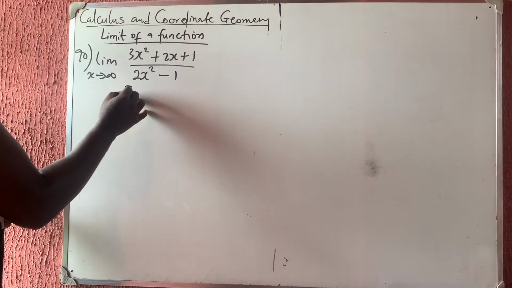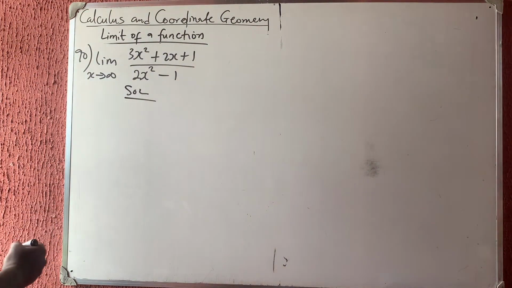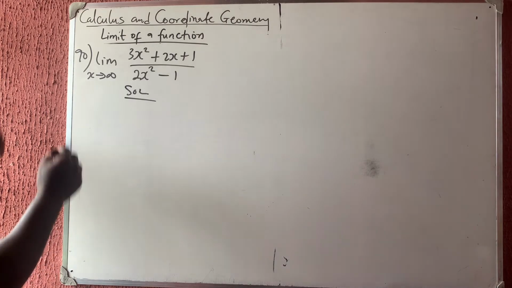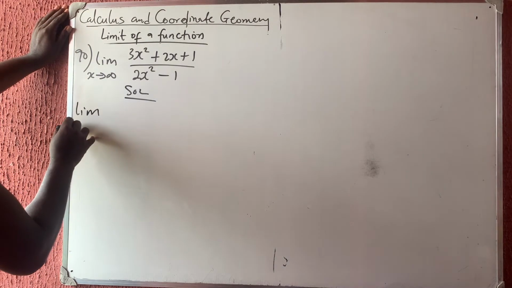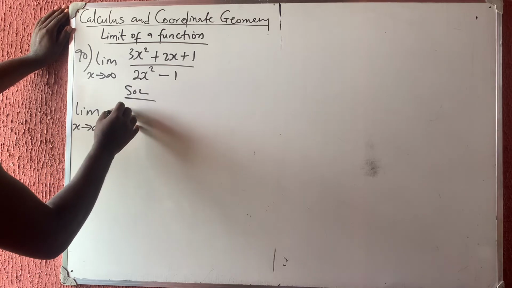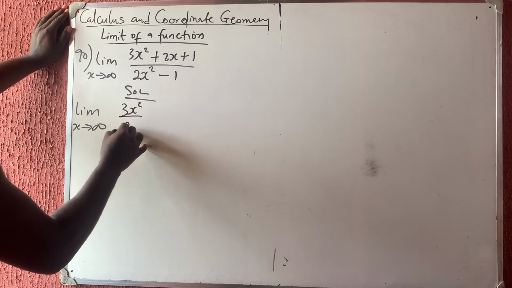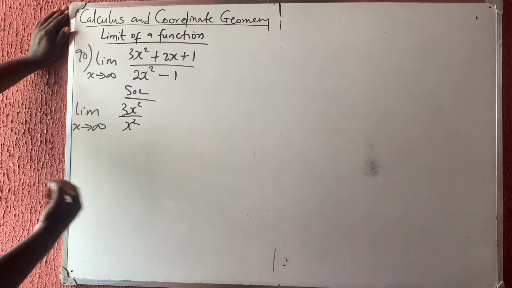Okay, so solution: what do we do again? We divide everybody by the highest power before we substitute limits. So this is now the limit as x approaches infinity of 3x squared over x squared. The highest power variable here is x squared.